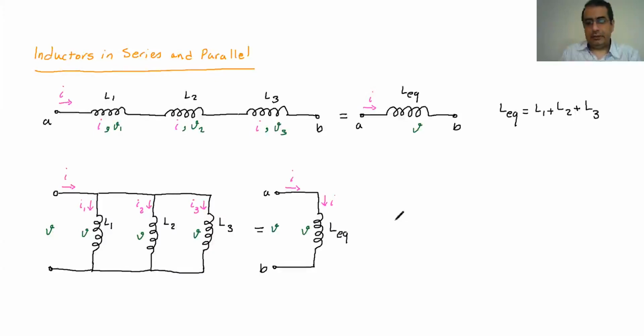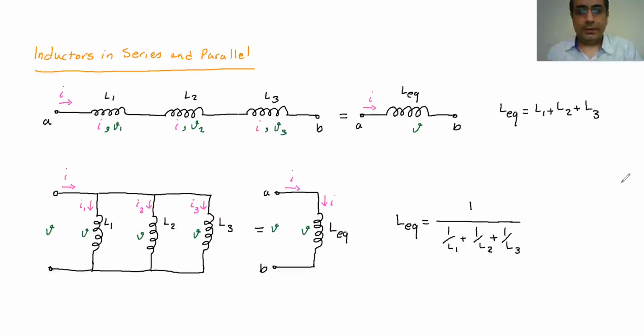In that case, it's similar to resistance, so the equation is similar: 1 over L1 plus 1 over L2 plus 1 over L3. So this is how we can find the equivalent inductor if we have them in series or in parallel.